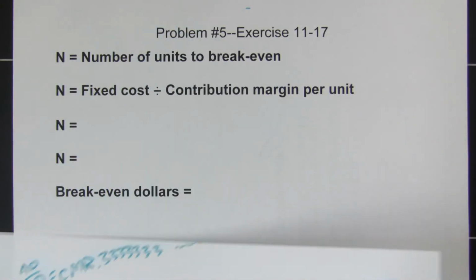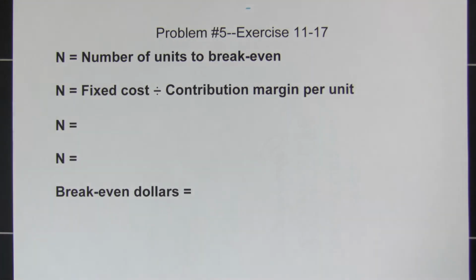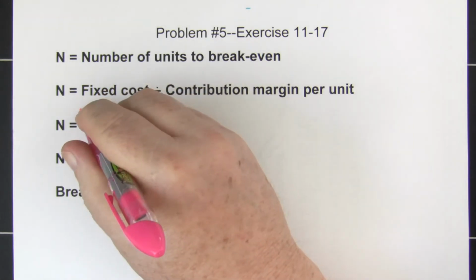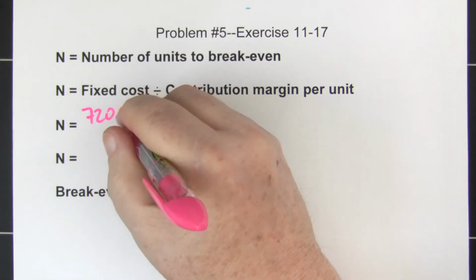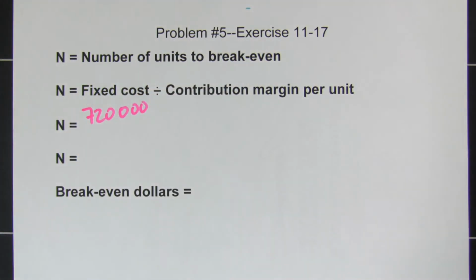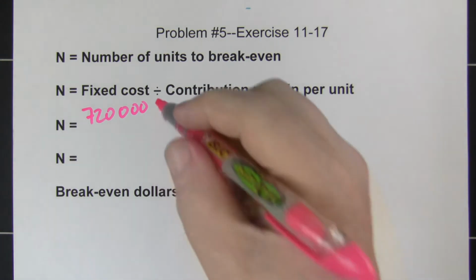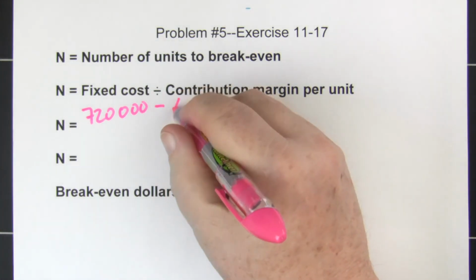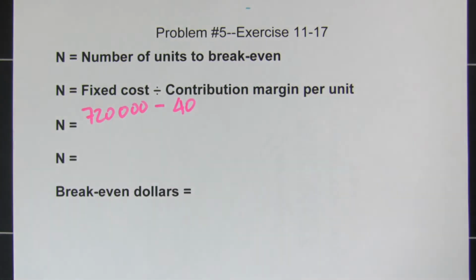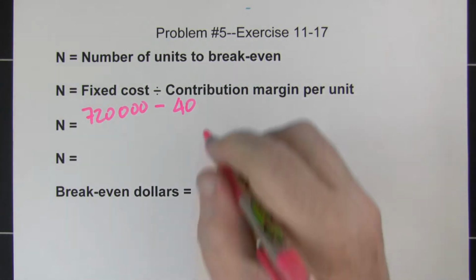Okay, so we're going to take our fixed cost, which is $720,000. We're going to divide it by our contribution margin, which is $40.